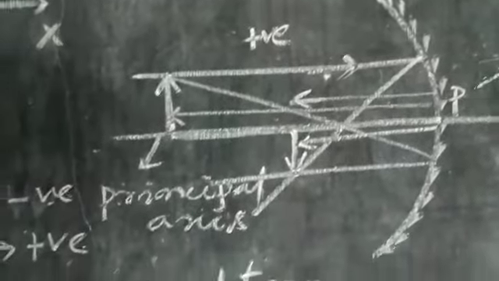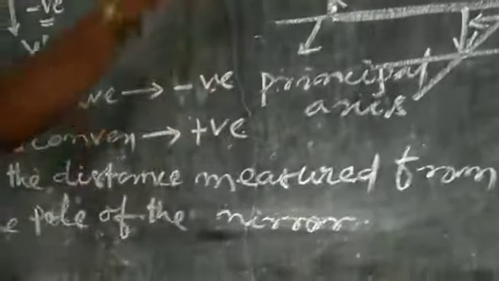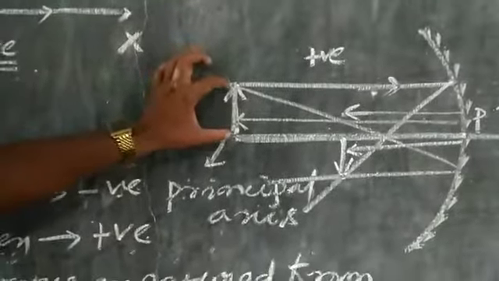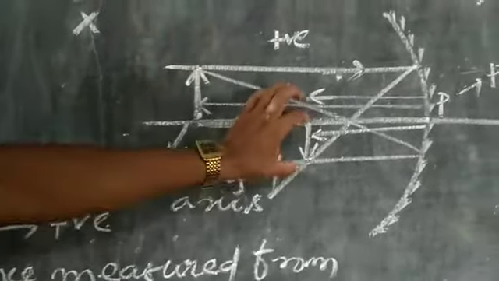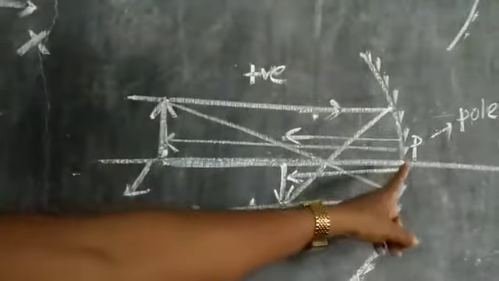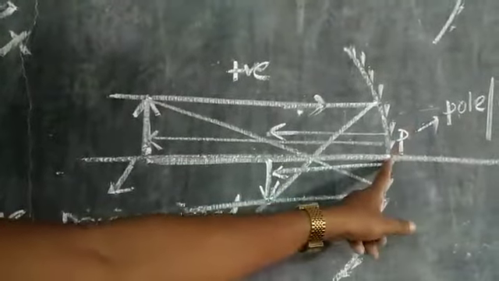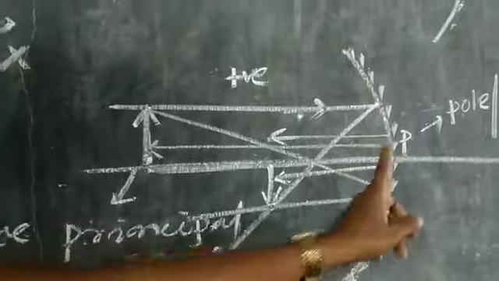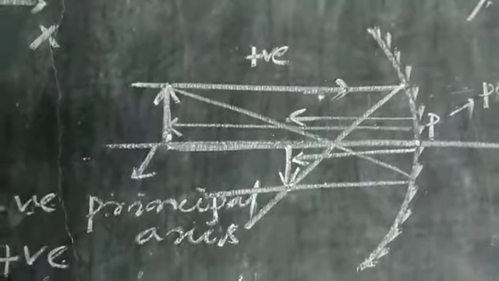That means either object distance or image distance, we always have to measure from the pole P, or the optical center. So that is the second rule.